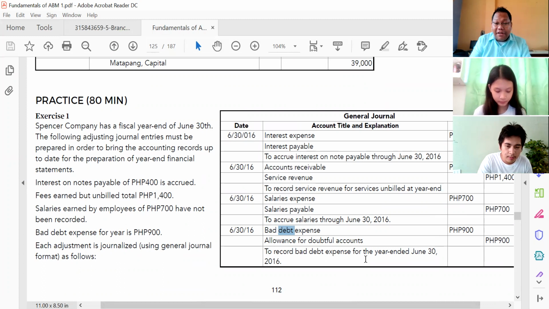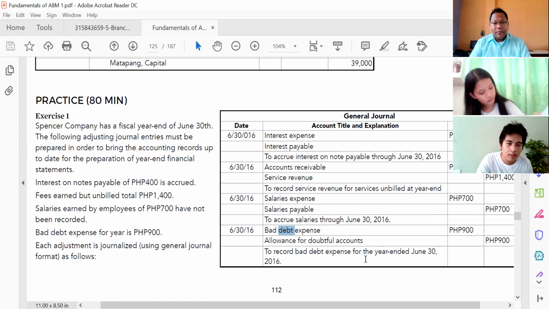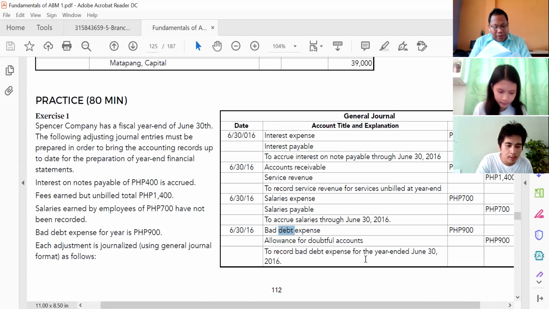The formula was given to you on how to compute depreciation expense. Annual depreciation is equal to acquisition cost minus salvage or residual cost, all over useful life. Go, what's the answer? Number one, Nicole.